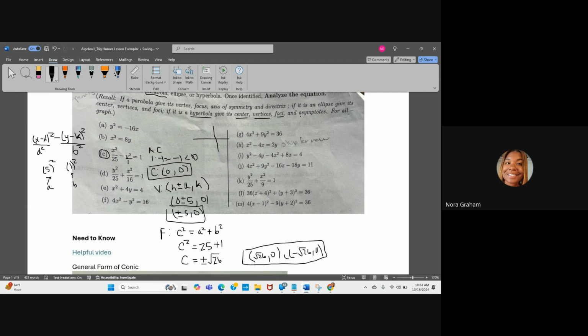Let's see what else they're asking for. My asymptotes. All right, so let's find the asymptotes. I'm going to do that over here. There is a formula for that as well. I'm just going to put A for asymptotes. The formula for that is going to be y equals k plus or minus b over a, in parentheses, x minus h.